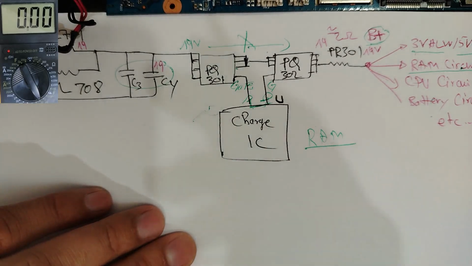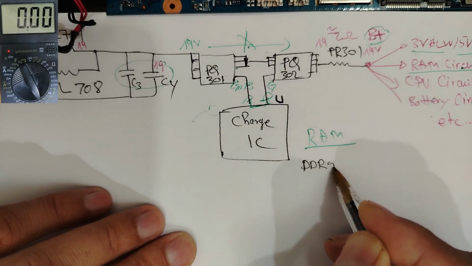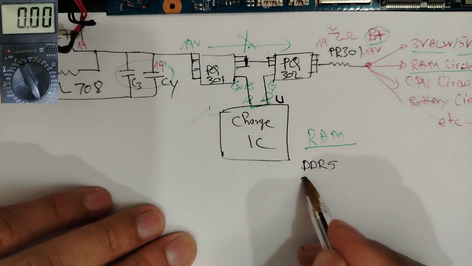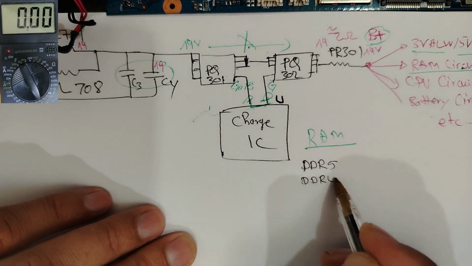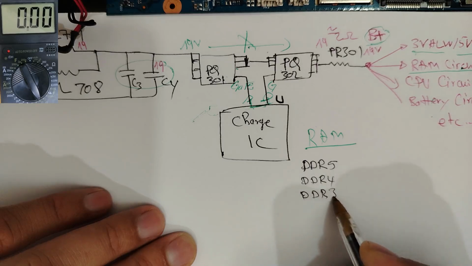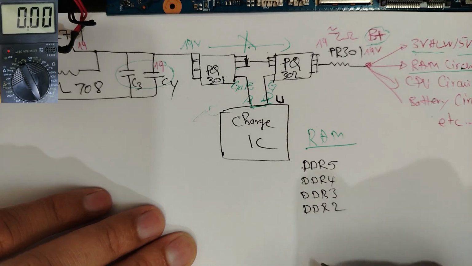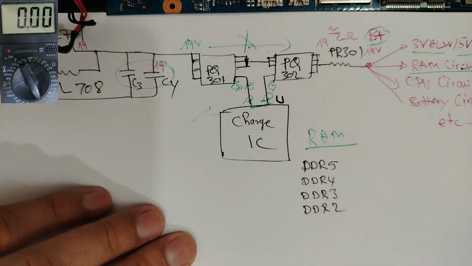So there is a lot of kind of RAM. Just for beginners, we have DDR5, DDR4, DDR3, let's see also DDR2 and other RAM like DDR1, etc. old RAMs.